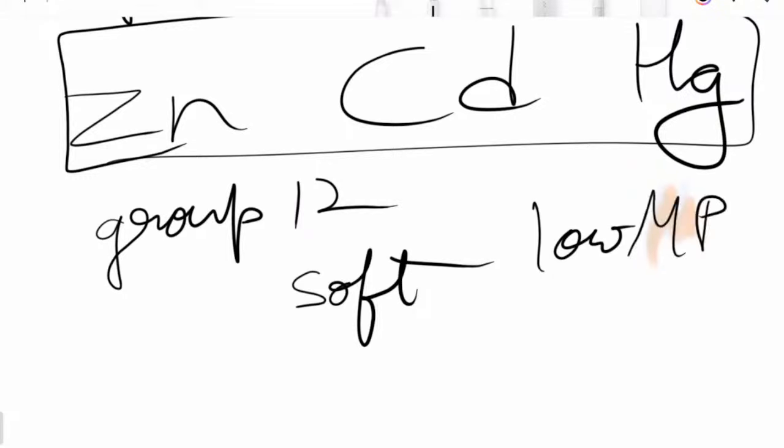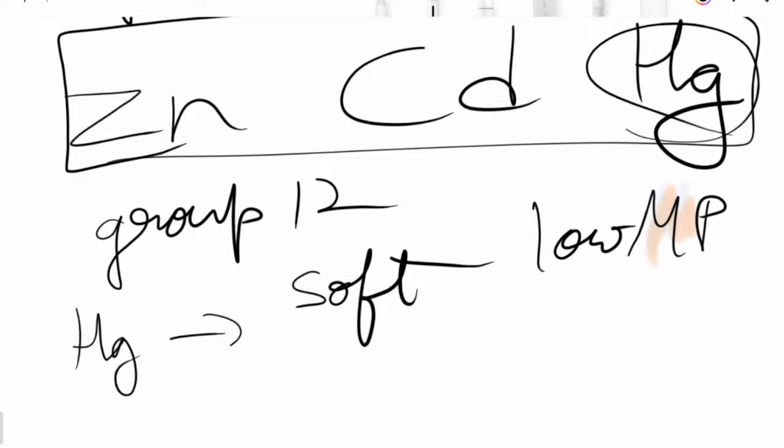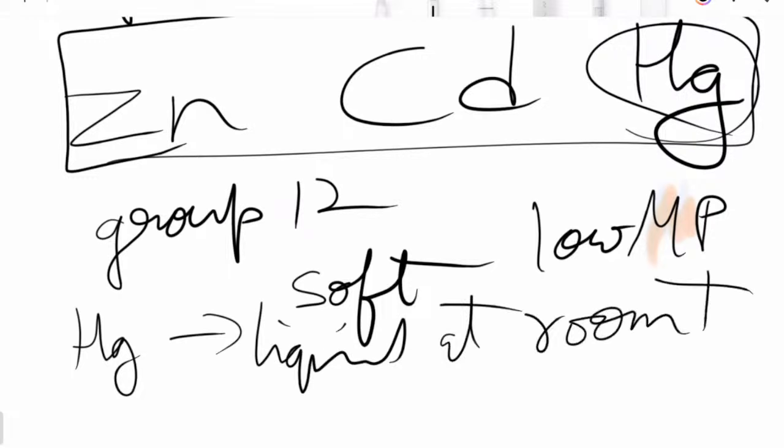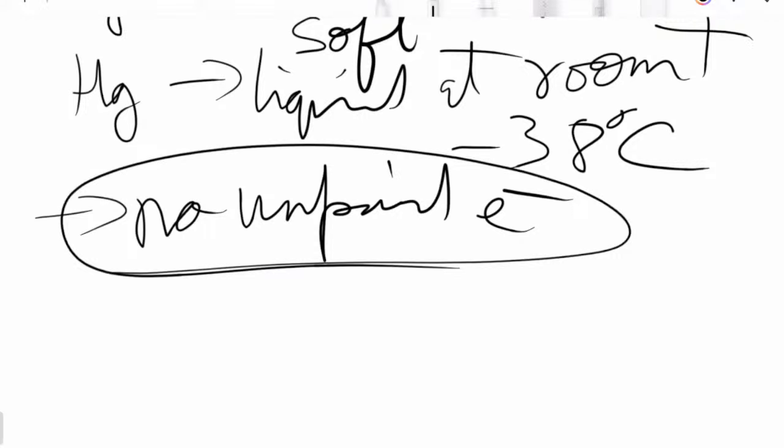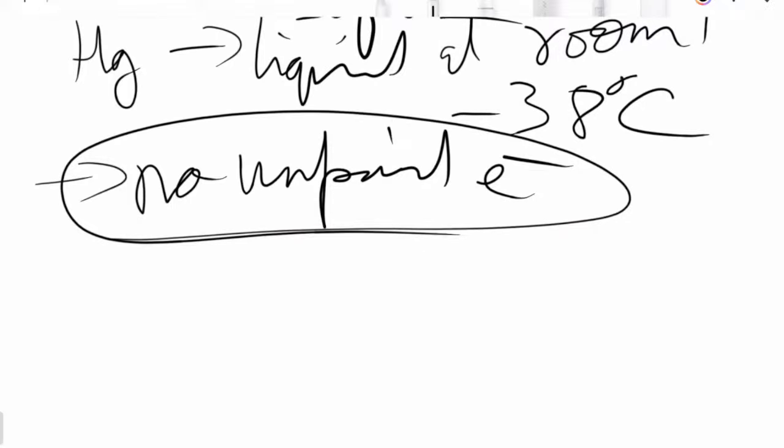You can see that mercury, Hg, is a liquid at room temperature and melts at minus 38 degrees Celsius. These three elements are very typical in behavior because there are no unpaired electrons for metallic bonding, and therefore their melting points are low. So the straightforward answer is that no unpaired electrons is the reason.